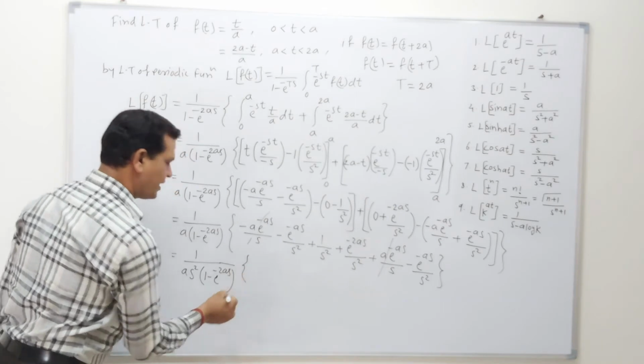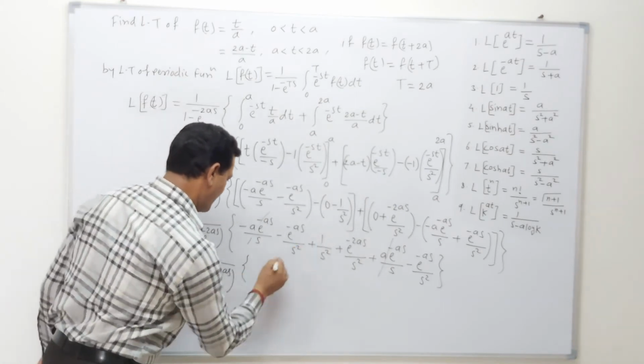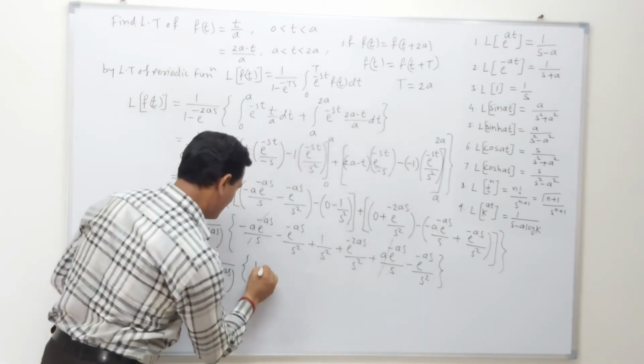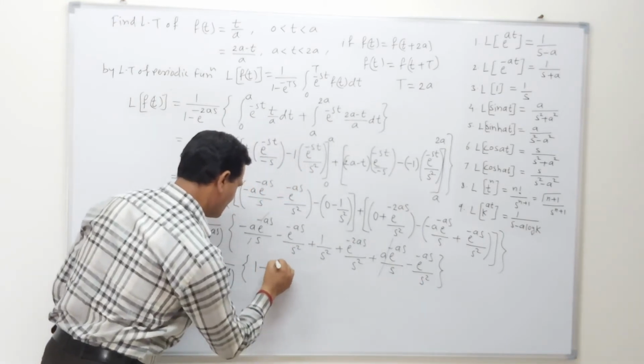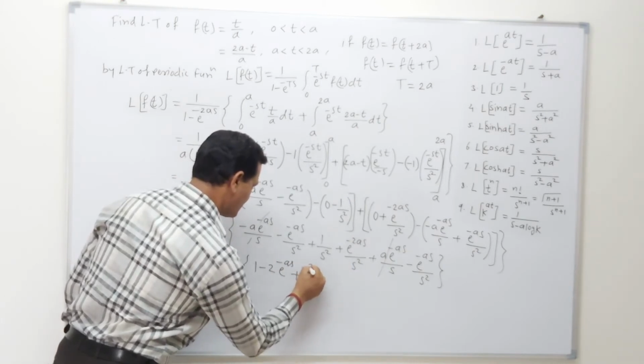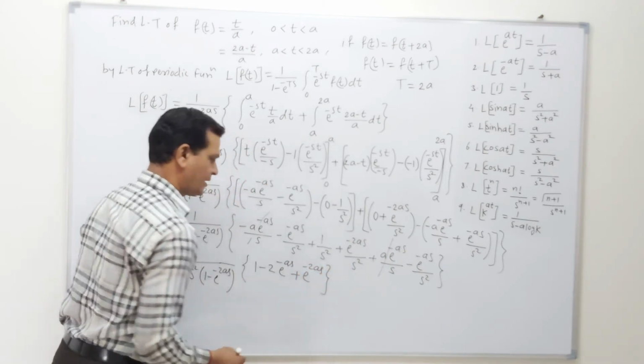Then the remaining term is 1. If we take the first and last term, this term is repeated 2 times, so this is e raised to minus 2as plus this term, which is e raised to minus 2as.